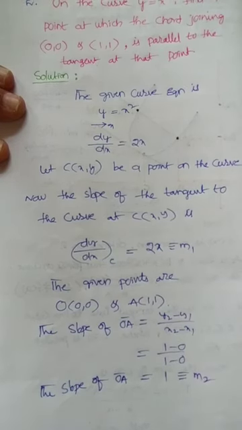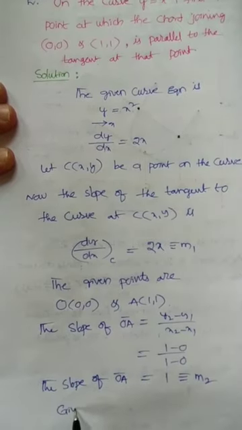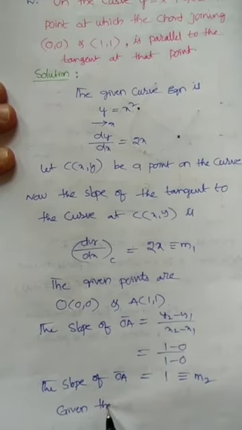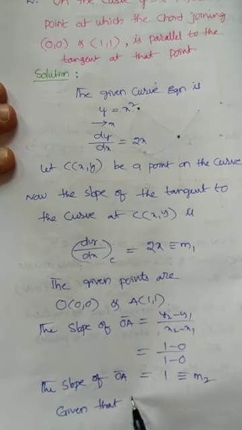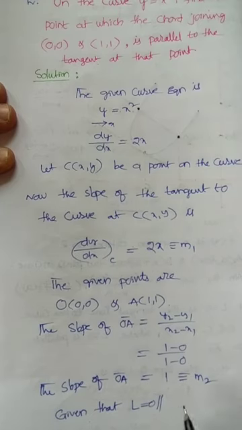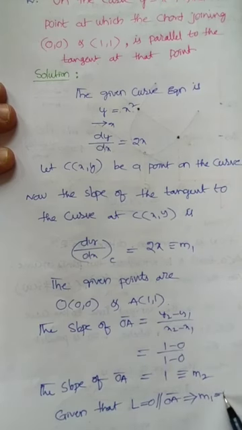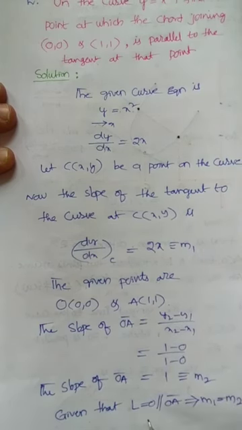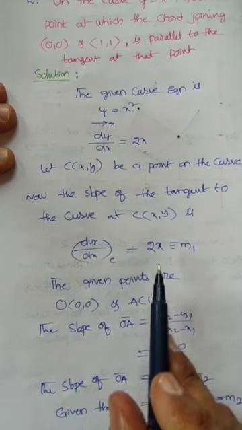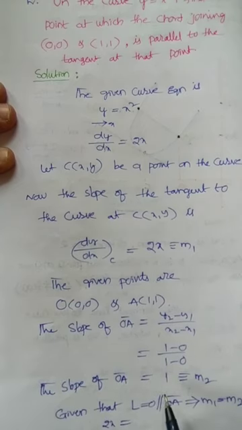Okay, given that the tangent line at the point C is parallel to OA bar, that implies m1 must be equals to m2. Whenever the lines are parallel, their slopes must be equal. So our tangent line slope 2x is equals to 1.